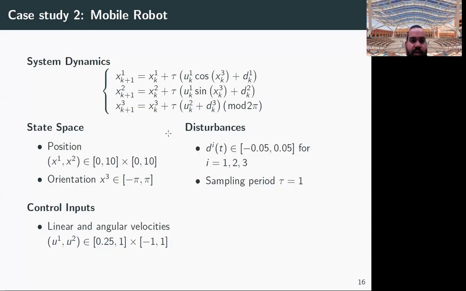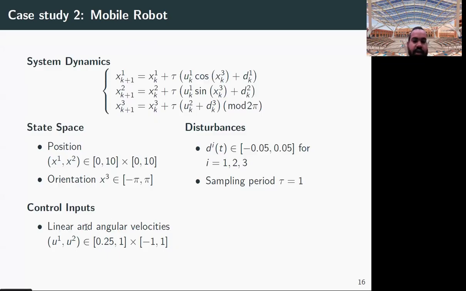For the second example, we worked on a differential drive mobile robot defined by this dynamical system, where we have the positions x1 and x2, and then an angle, which is the orientation x3, and then we have disturbance and the sampling period, which is equal to 1 second.